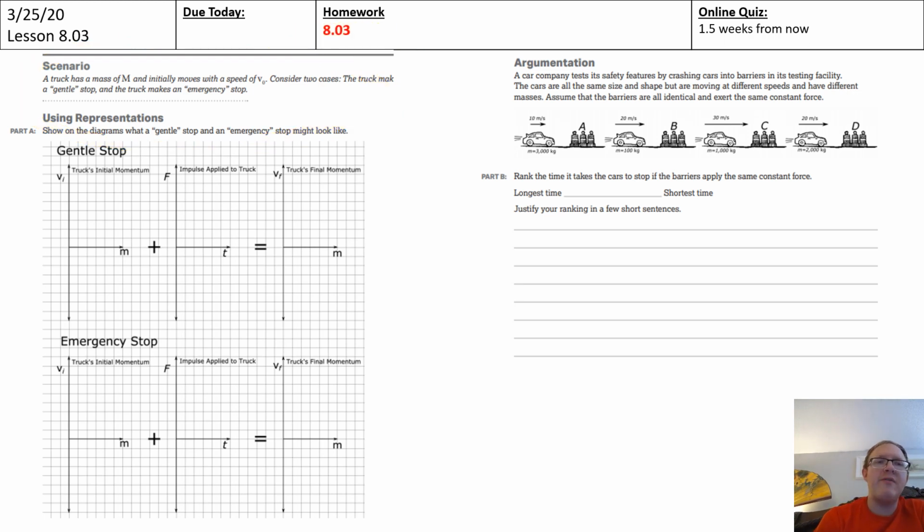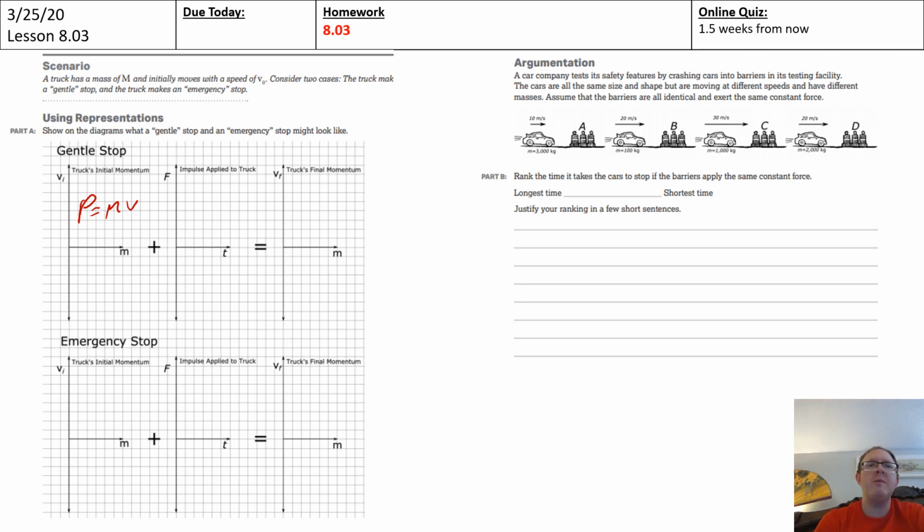When you look at these graphs, it's important to look at what the y and the x-axis is in order to understand what you should be graphing and in what way. The idea behind the question is that here's where your starting momentum is. Remember that momentum is calculated with mass times velocity.